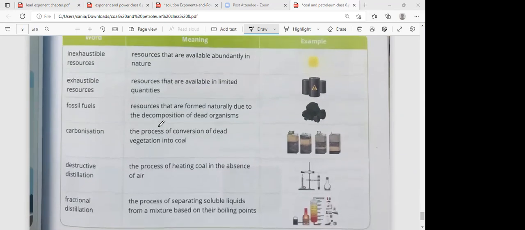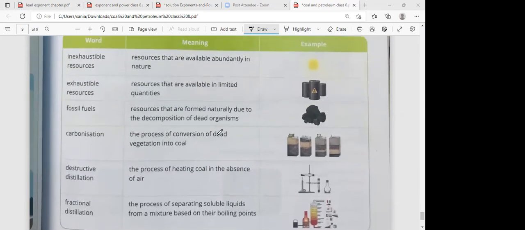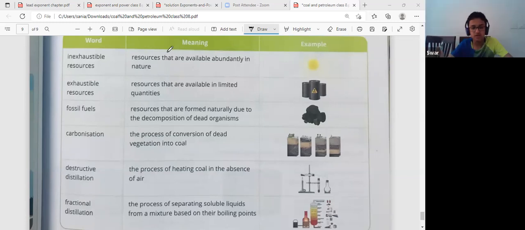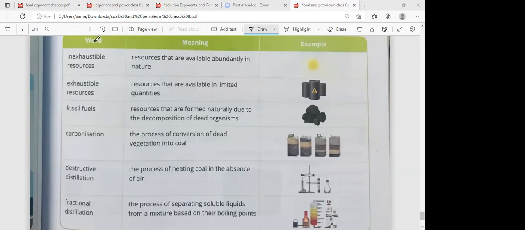Now over here you can see these are a few definitions. Just quickly read them up and then we'll do some question answers. Yeah, we'll just start. Just read it. I'm just sharing my screen. Okay.